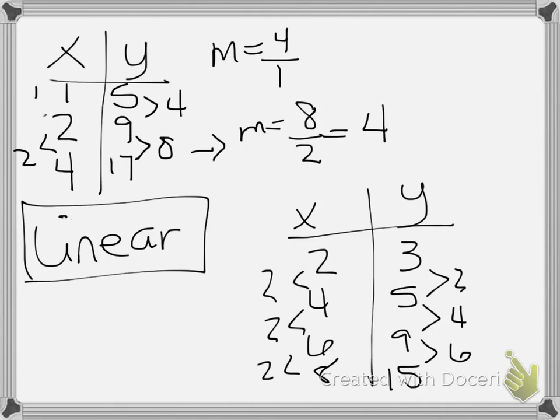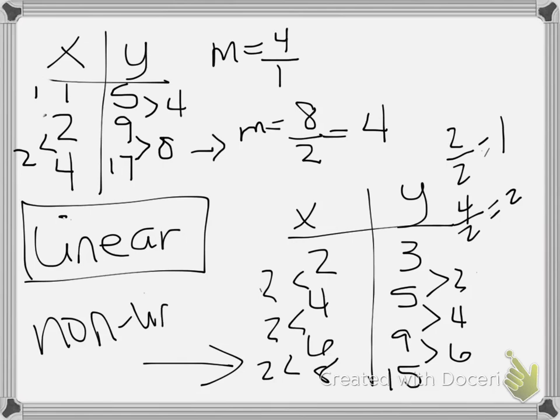Well, this is 2 over 2 here would be 1, and then 4 over 2 would be 2. So you don't get the constant rate of change. So this one is nonlinear. Okay, so we have to look at a table for whether the rate is constant or not. If we can't get that constant rate, then it's nonlinear.